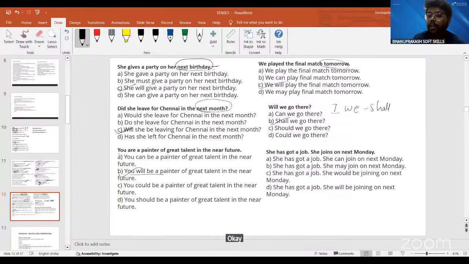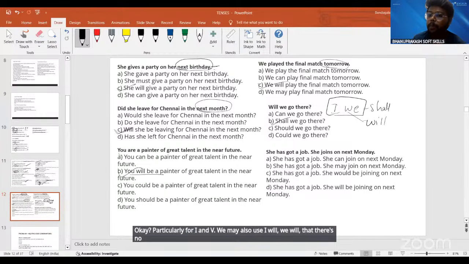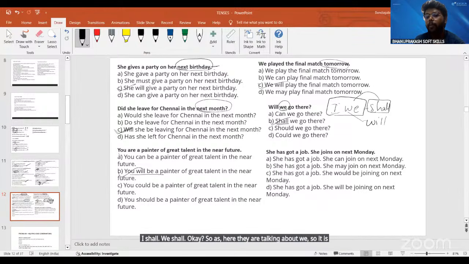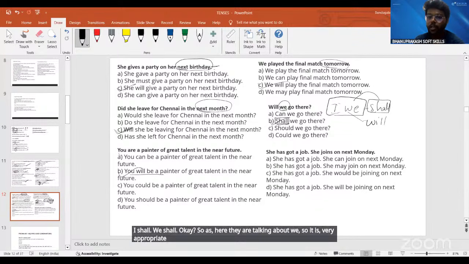For I and we we may also use I will, we will. There's no issue. But if we talk about shall, we only use I and we. I shall, we shall. So as here they are talking about we, it is very appropriate to use shall.